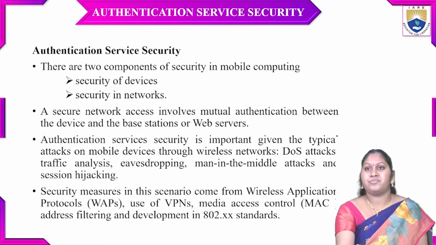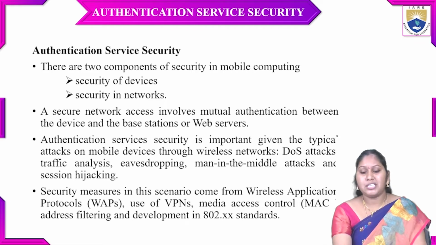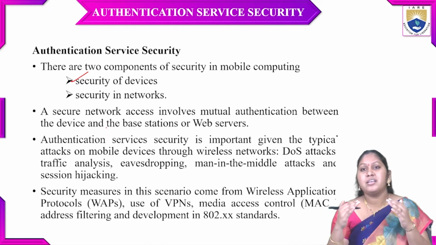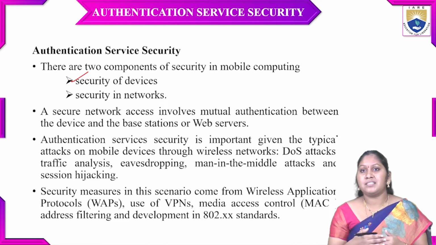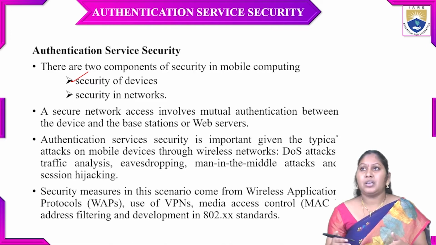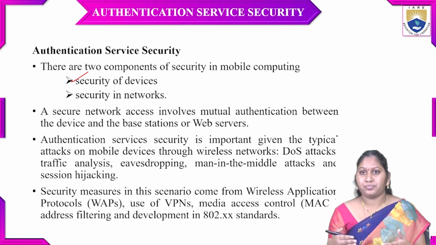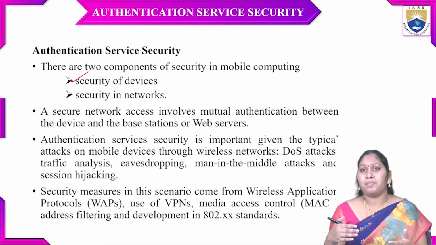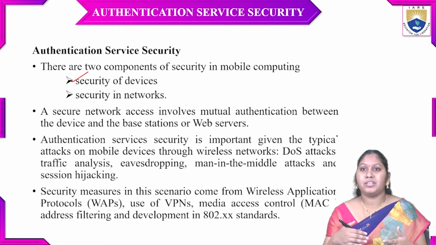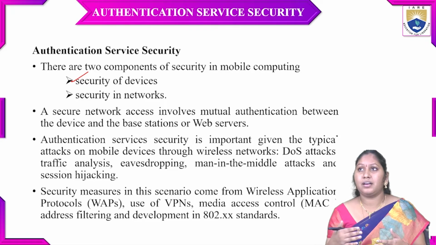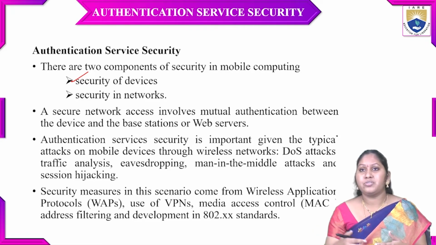There are two components of security in mobile computing. The first one is security of devices. We have to give security to the devices. The devices are the pieces connected to the network: mobiles, Bluetooth, or anything connected to the network, or devices connected to PCs that run using some networks.